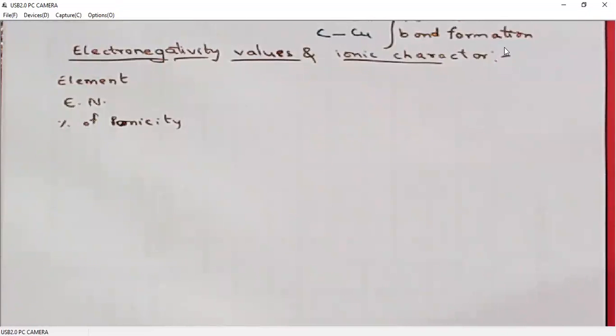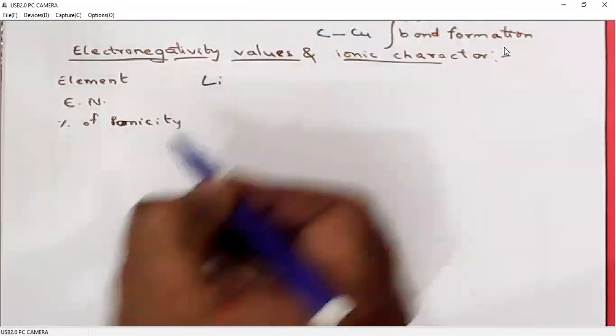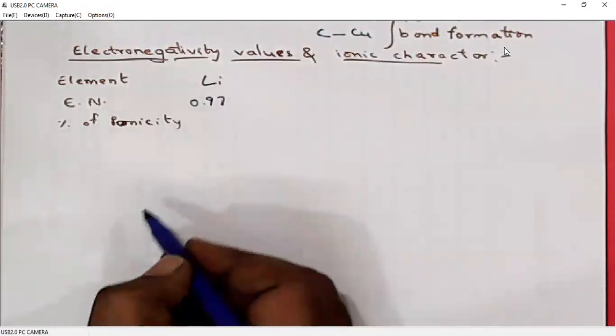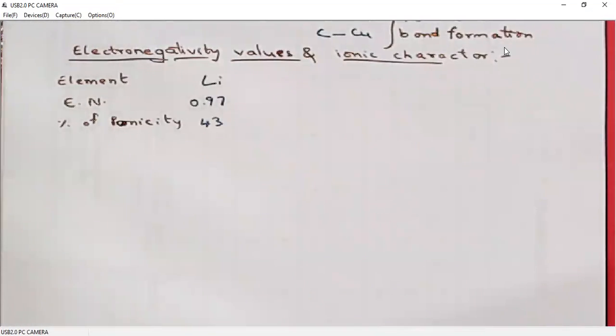Now we will look at the useful organometallic reagents and their percentage of ionic character. When we look at lithium, whose electronegativity is 0.97, its percentage of ionic character, that means the carbon-lithium bond percentage of ionic character, is 43%.